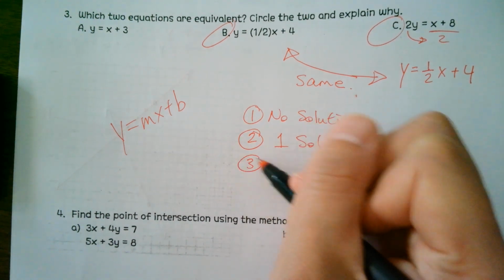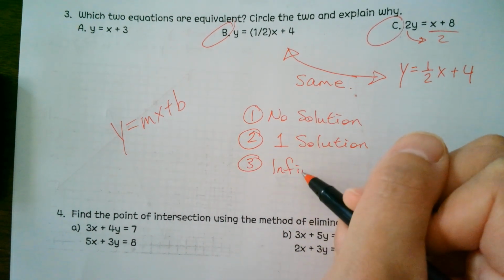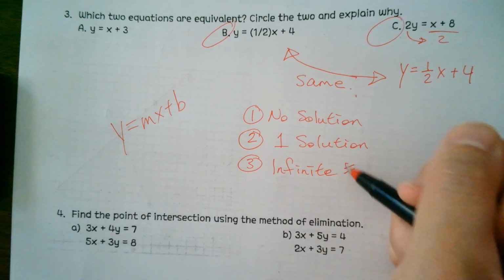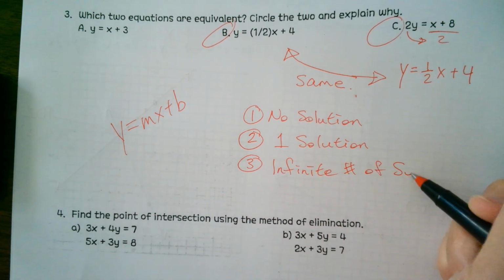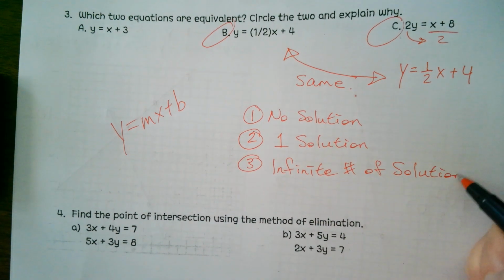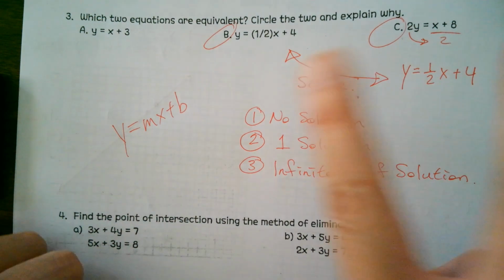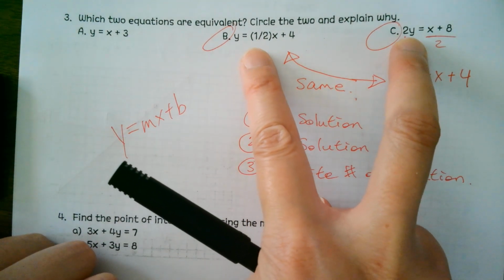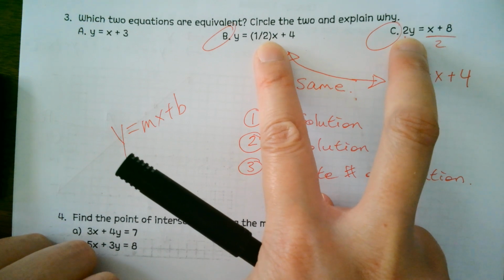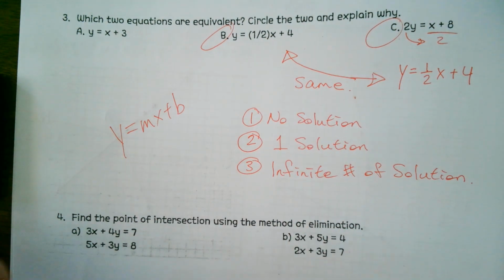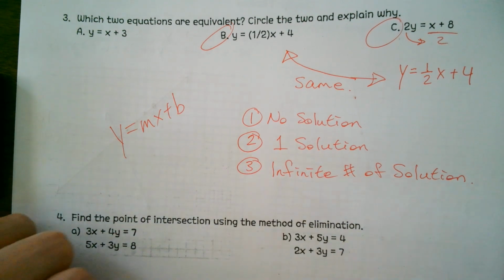Or infinite number of solutions? Okay, so given these 2 equations as your linear system, which one is my correct answer? 1, 2, or 3? Yep, 3.